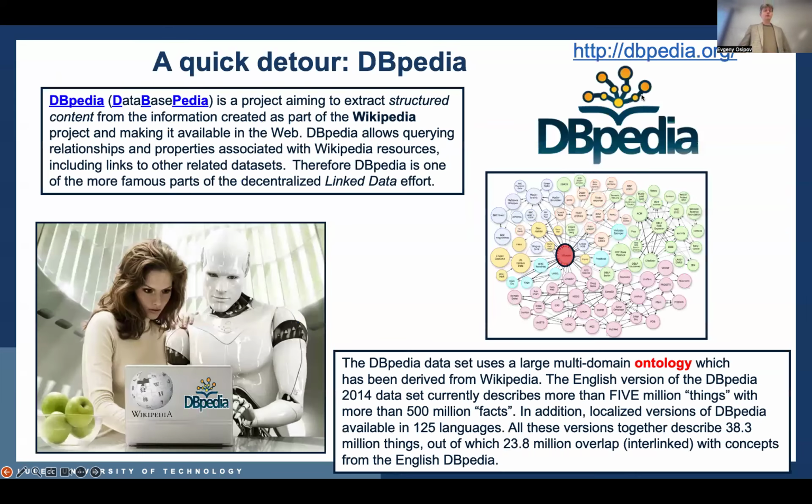There are different frameworks for formally representing knowledge. One that we will be using for examples is called DBpedia. And DBpedia is a very large so-called multi-domain ontology. Still, I'm using this keyword without giving a proper definition of it, so live with it for now.